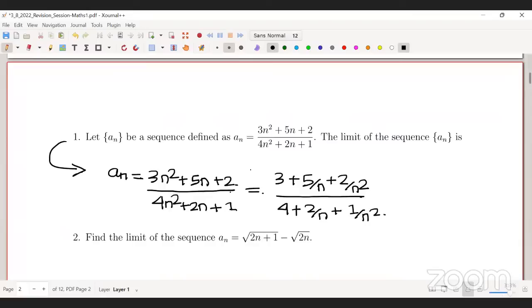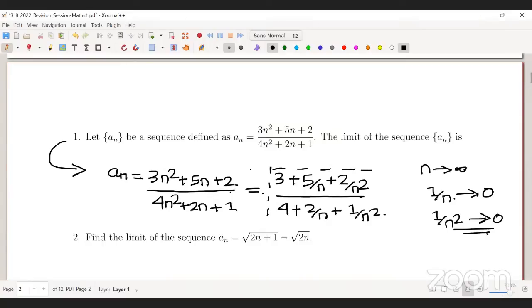As n tends to infinity, 1 by n will go towards 0, and similarly 1 by n square also comes closer and closer to 0.